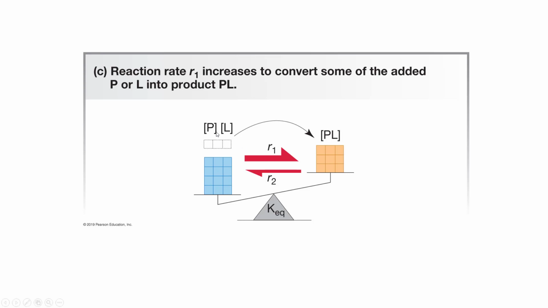If you increase the concentration of P or the concentration of L, or say you increase the concentration of both of them, then they would have a higher probability of colliding and interacting. And so that would increase the forward reaction rate, and you would get more product, which is PL.